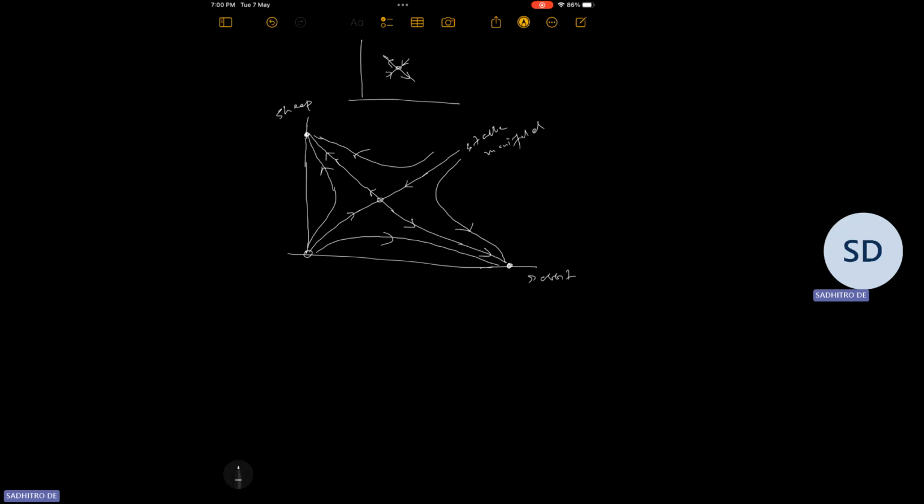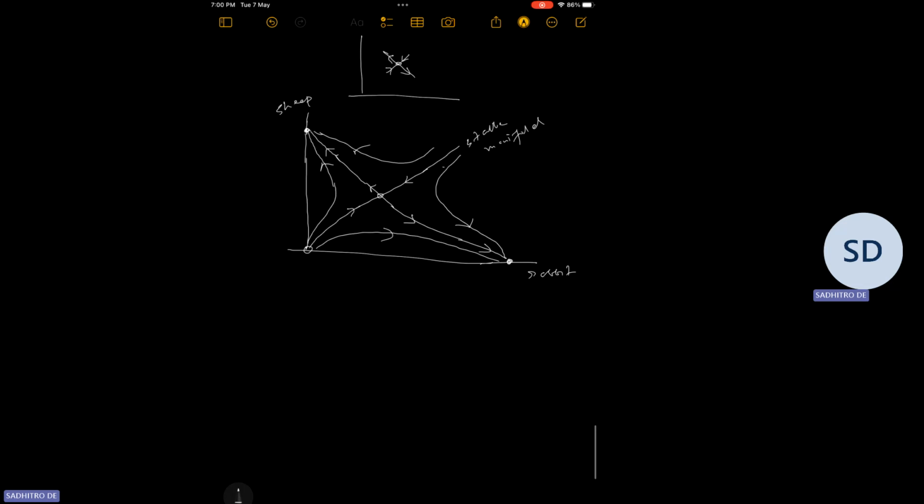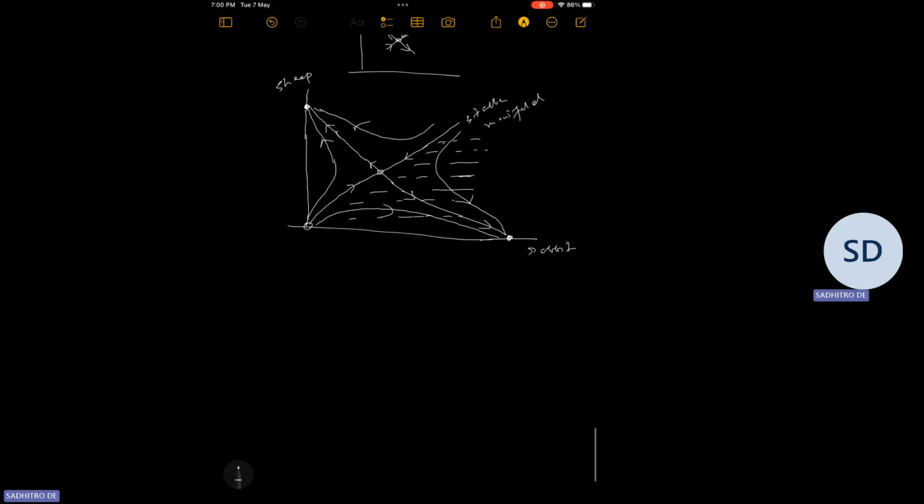And so in this sense, we can actually define what are known as basins of attraction. So all these places over here in the stable manifold, which lie to the right of the stable manifold, all these fixed points over here, they form the basin of attraction for the rabbit population.